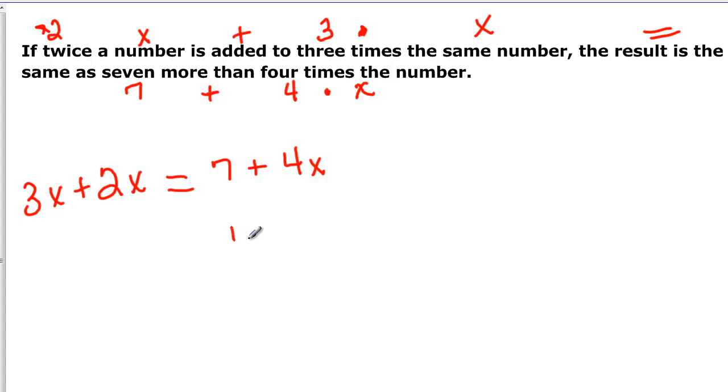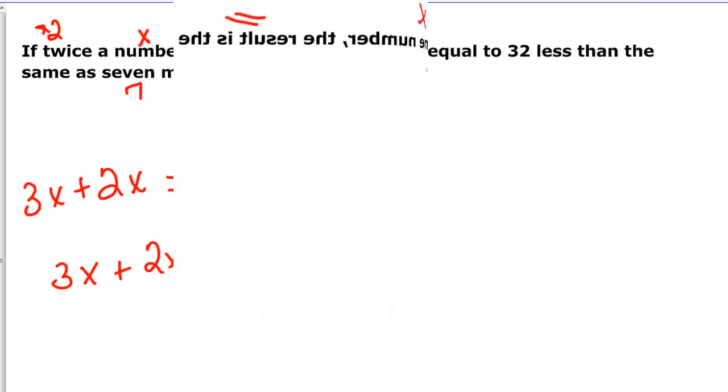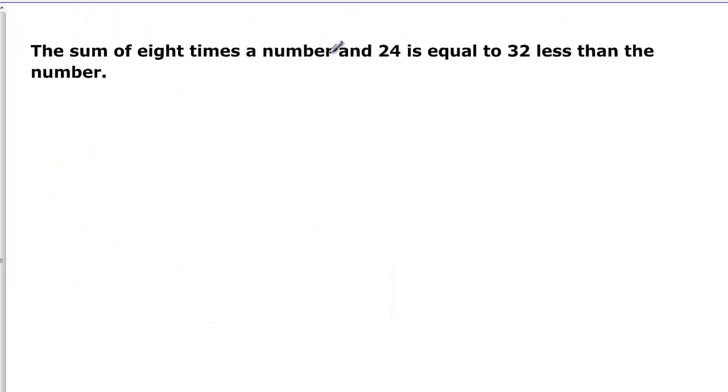Or you could have had over here 4x with 7 more. Addition doesn't really matter, order doesn't really matter, but depends on if you like that, just have that one rule for the more than, then you would go with the second equation.